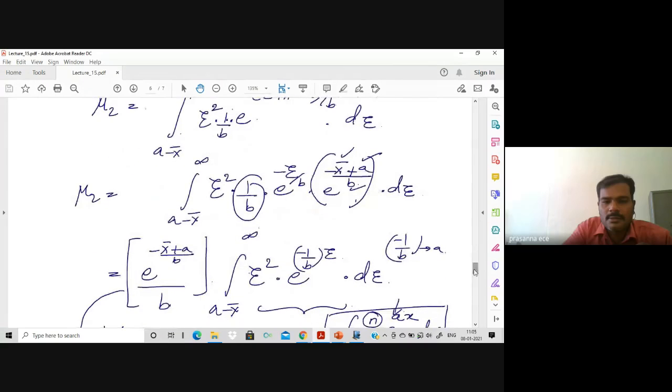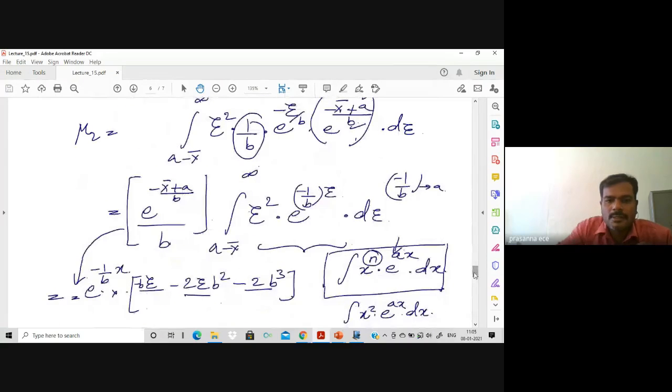This is the standard form that we brought that integral to. We have a constant term outside, into the integral of zeta square into e power some constant into zeta d zeta, where the constant is minus 1 by b and instead of x we have zeta square.